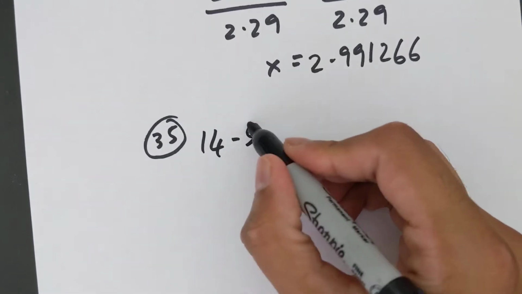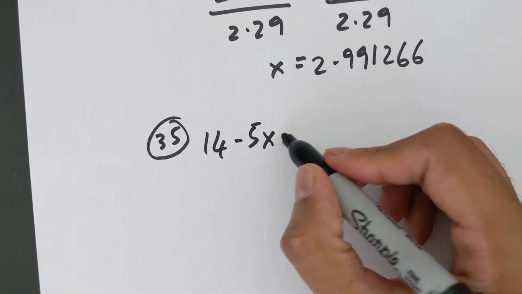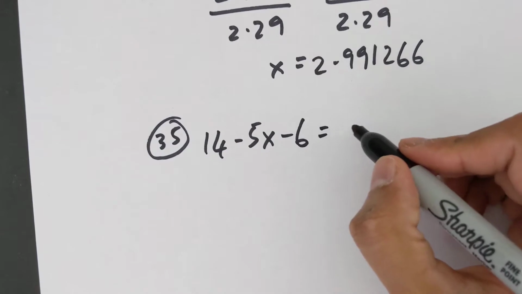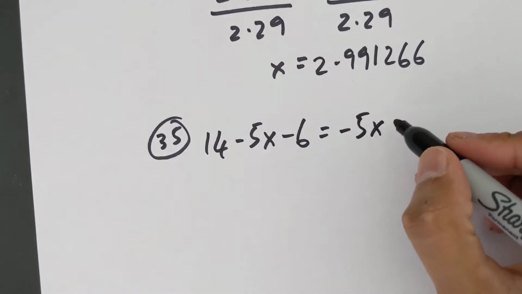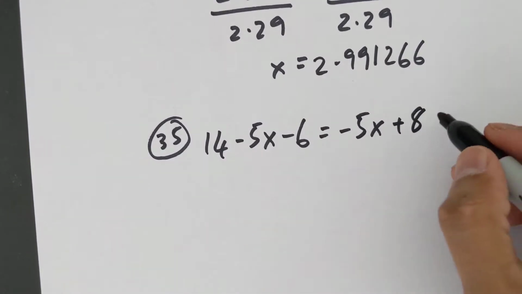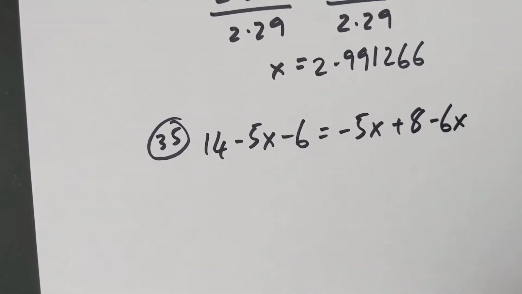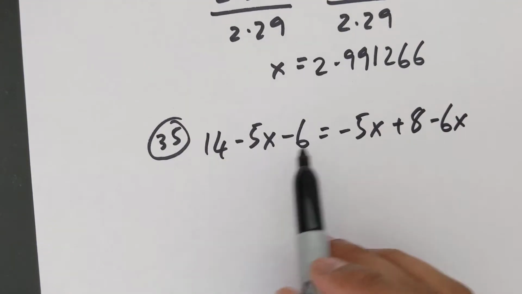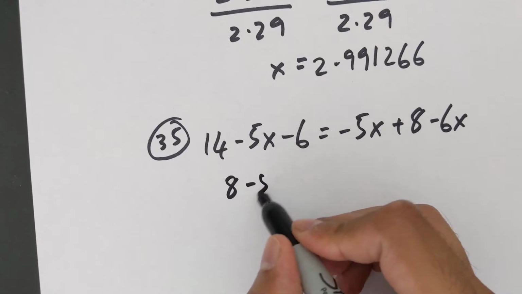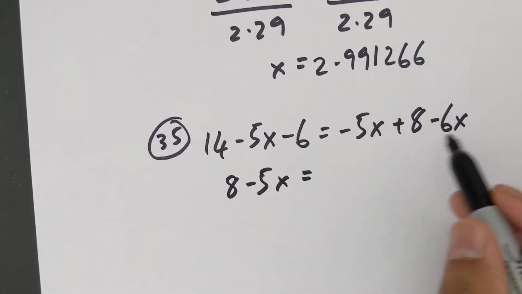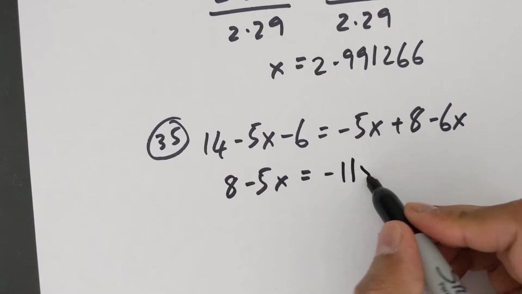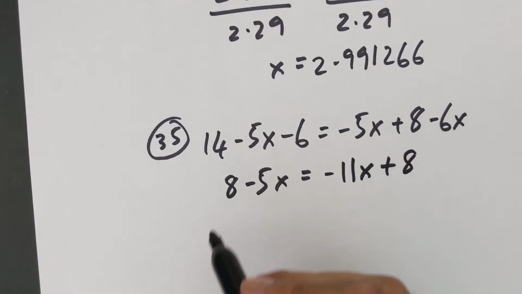Same thing in 35, except now we have more terms. I'm going to start by combining my like terms. So 14 minus 6 is just 8. Negative 5x minus 6x is negative 11x. Now I'm going to do my movements.